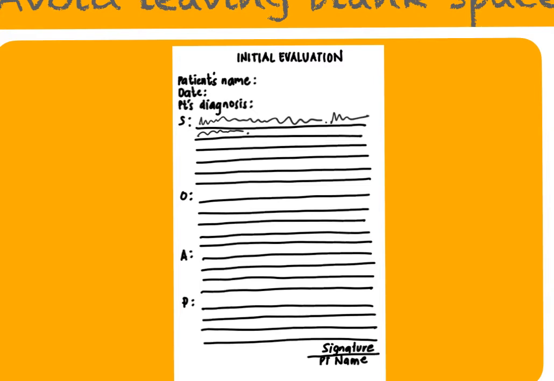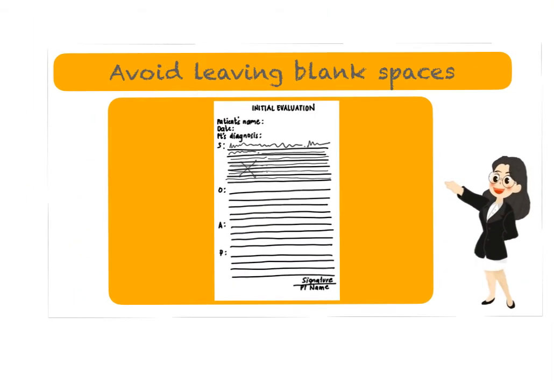You should write immediately after each finding. You do not skip to the next space. You do not do that. This is incorrect. Your entry should be a continuous entry of findings, so you do not leave blank spaces.